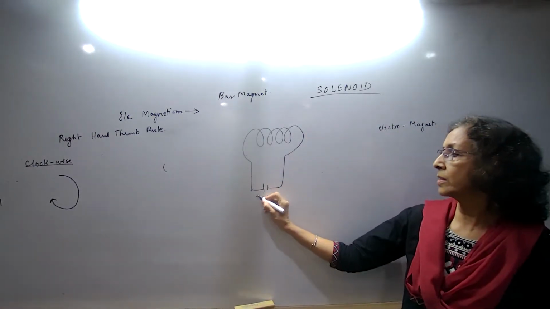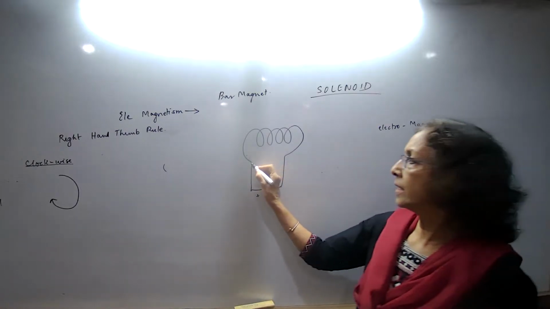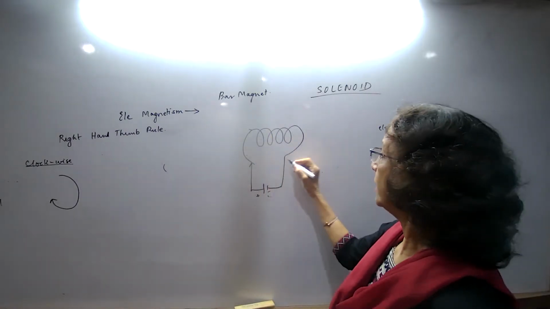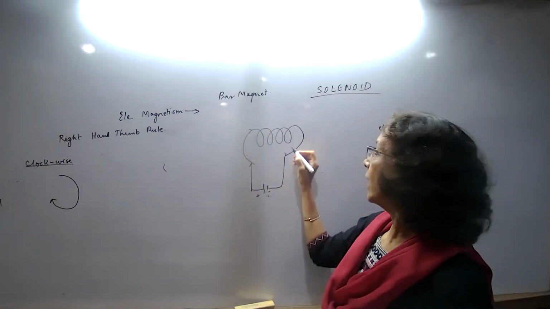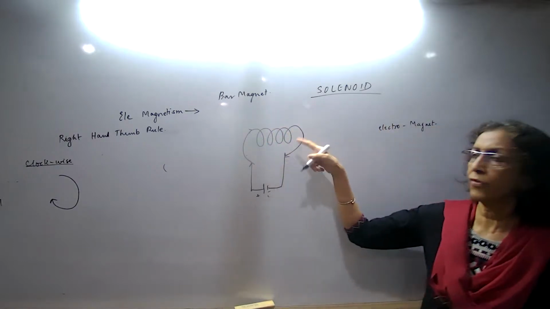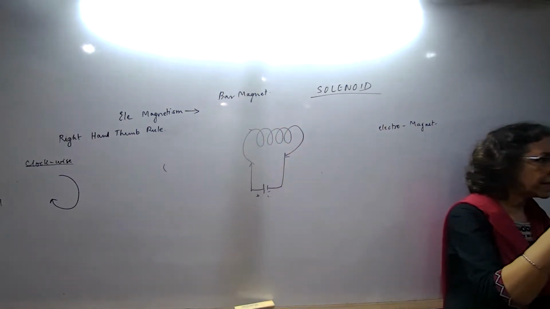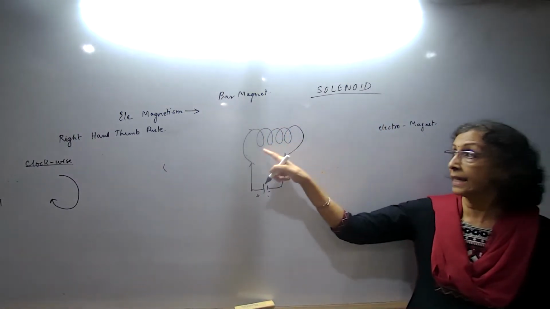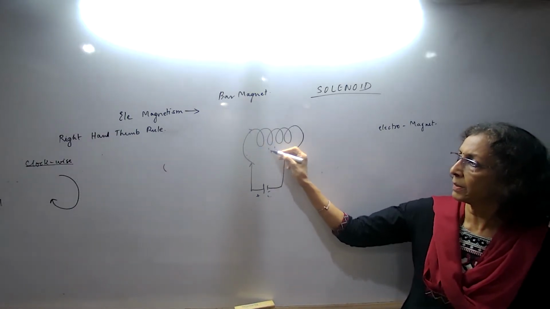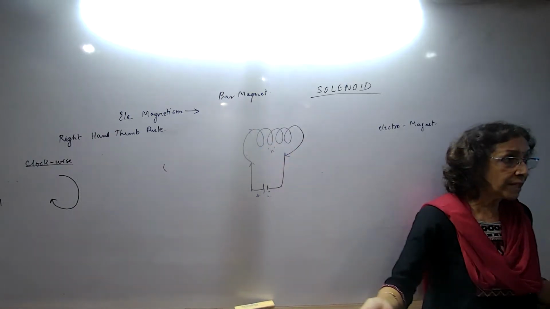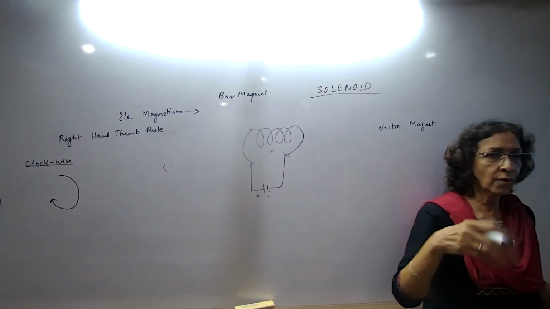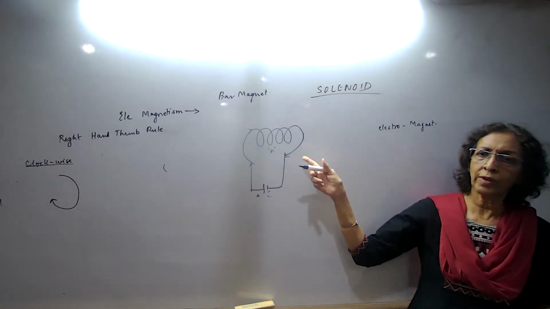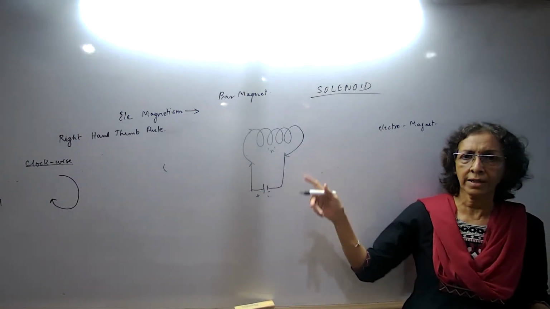So this is your positive, this is your negative. Current is flowing in this direction and coming back here. So at every coil here, it develops a magnetic field because there are n number of coils, maybe 10, maybe 20, maybe 50. So the more the number of coils, obviously, more will be the strength of the magnetic field.